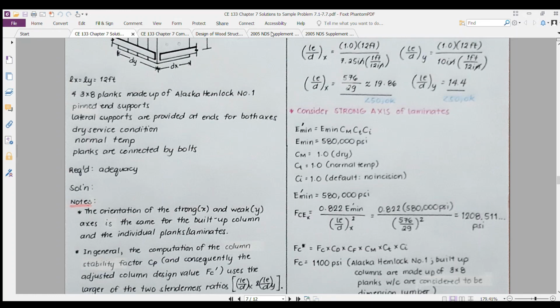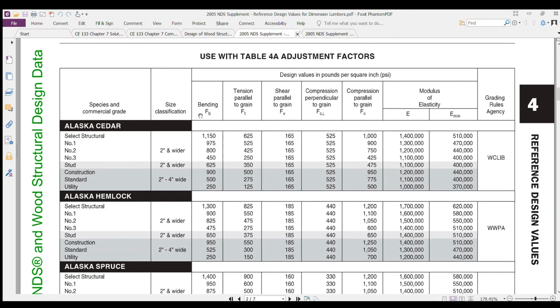So let us see here. We have Alaska hemlock number 1. We have value of F prime FC parallel to the mean of 1,100 psi.